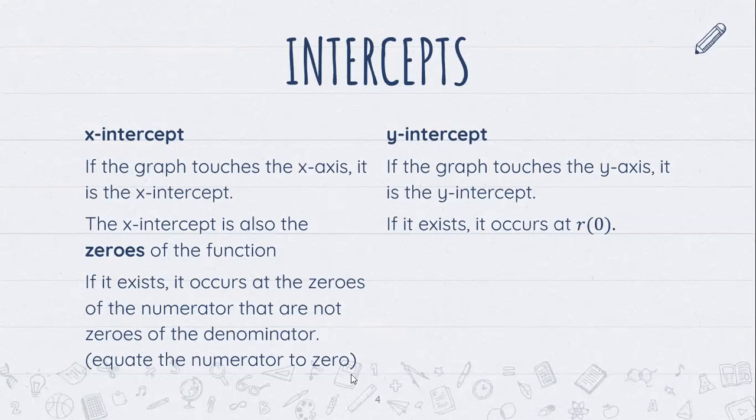So, ibig sabihin, we need to equate the numerator to 0 and solve. Ngayon, class, ang hint dito, kailangan simplified yung ating function. Kapag meron pang pwedeng i-cancel, kailangan natin siyang i-simplify bago hanapin yung x-intercept.